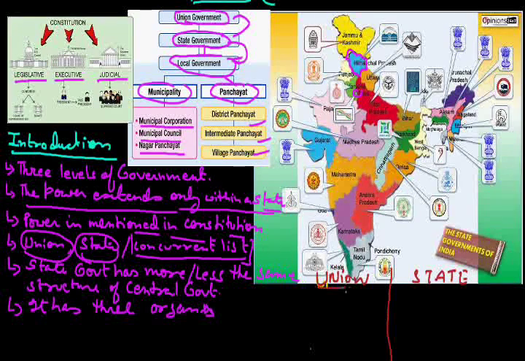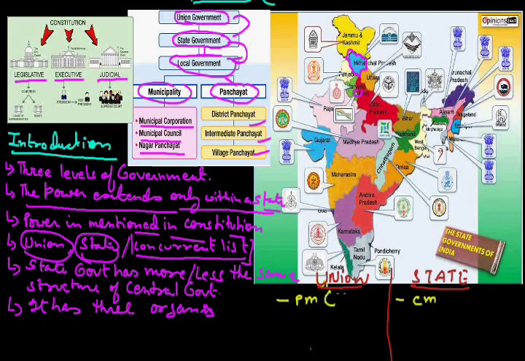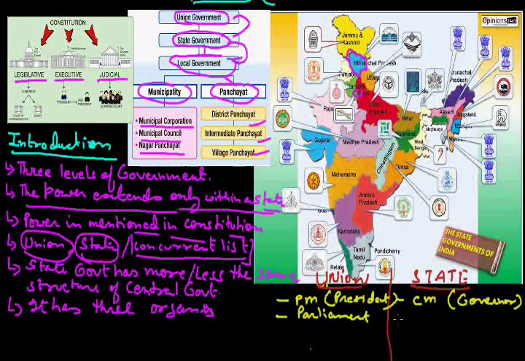Let us try to understand. In the union, it is the Prime Minister. Here it is the Chief Minister in the state. On the other hand, the head of the country is the President. Here the head of the state is the Governor. The legislature is known as Parliament, and here it is known as the State Legislative Assembly or Legislative Council.